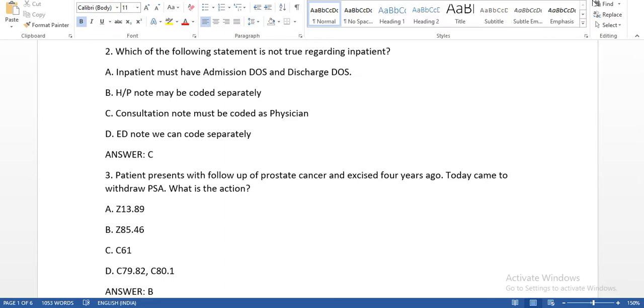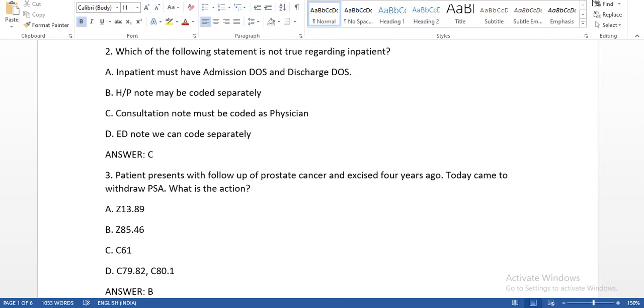So when the consultation service is not in between the admission DOS and discharge DOS, we need to consider it as hospital outpatient service. When it is within the through days, then it can be clubbed and coded as inpatient stay. So when the consultation note is in between admission DOS and discharge DOS, we need to code it as inpatient stay.